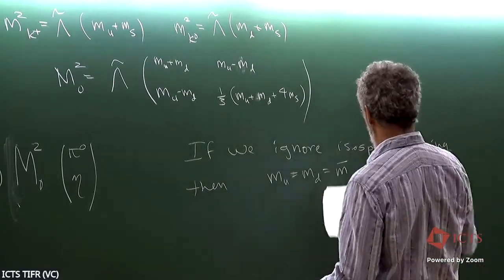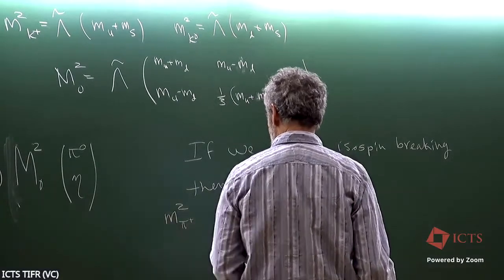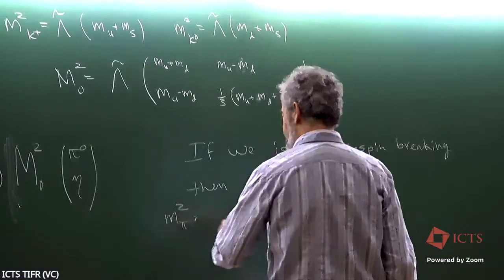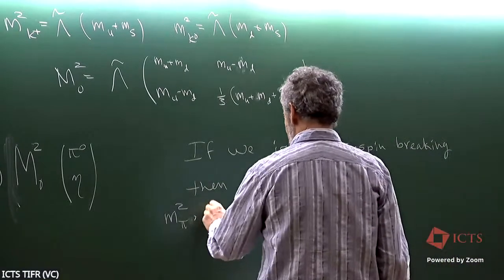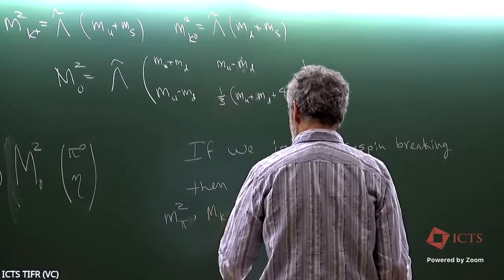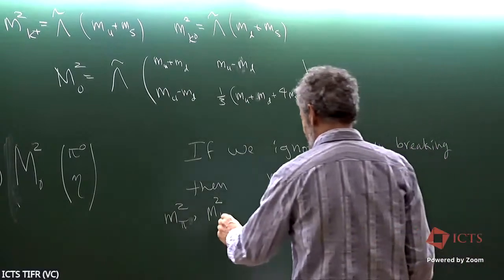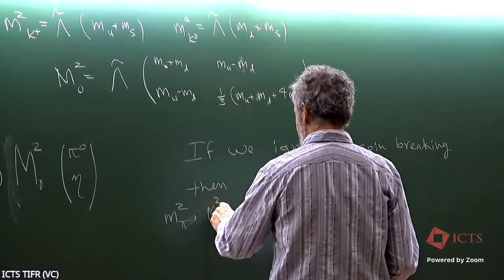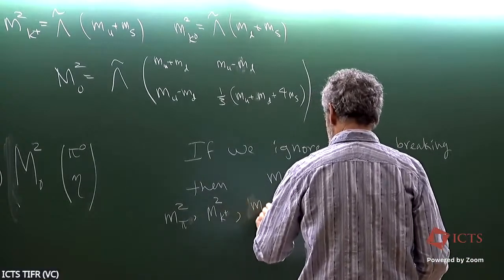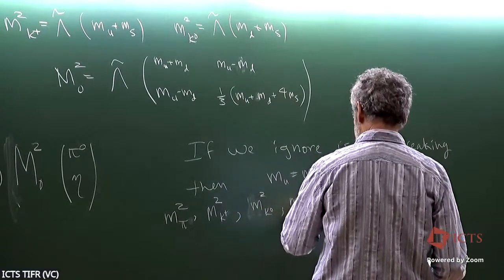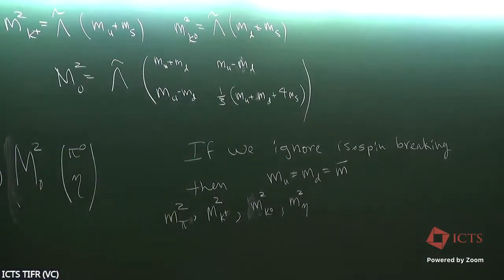In the isospin limit, the independent masses are m_pi squared, since the pi zero is degenerate with the pi plus and pi minus if you have isospin symmetry, then m_K squared, where m_K+ squared and m_K0 squared are the same, and then m_eta squared. They correspond to these different isospin multiplets that you see here.